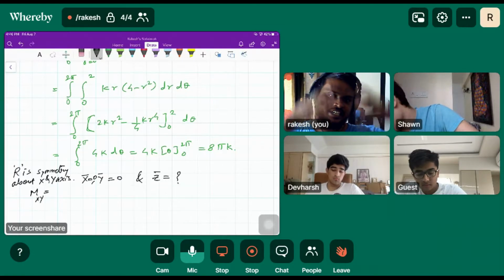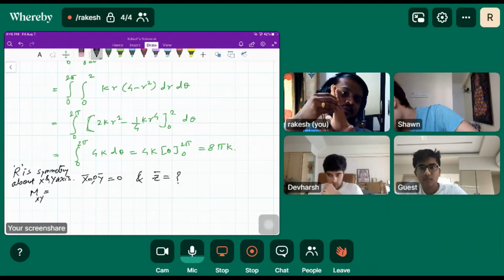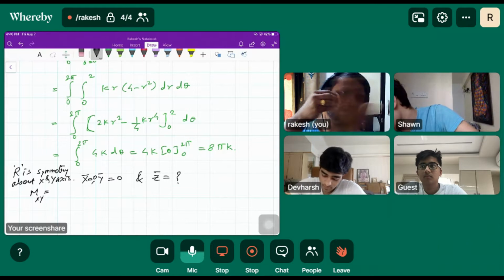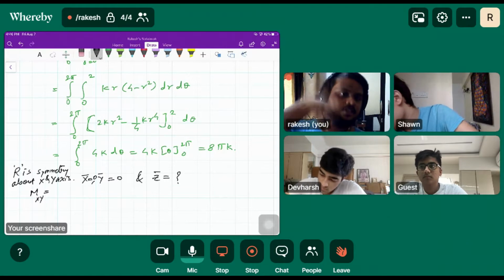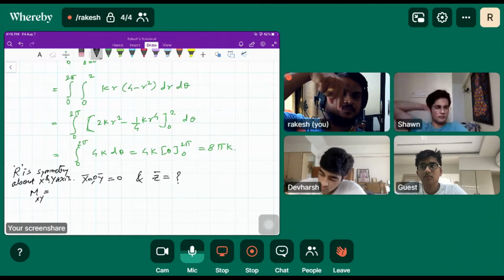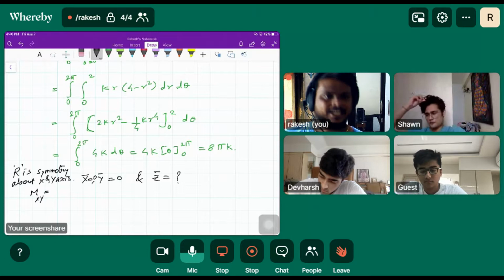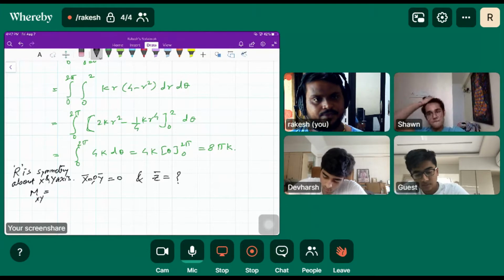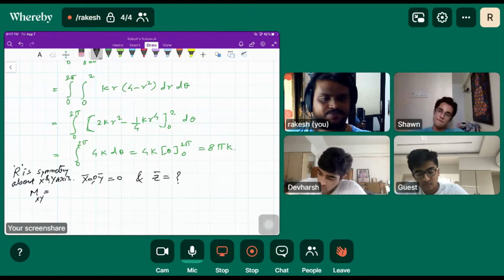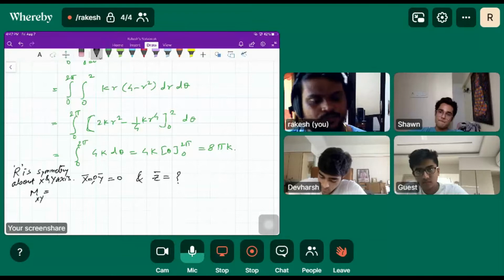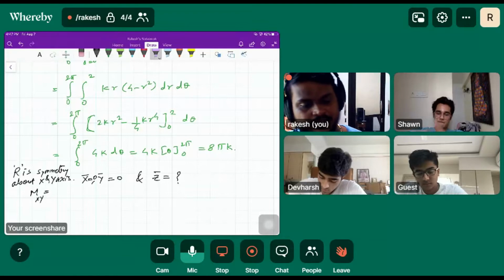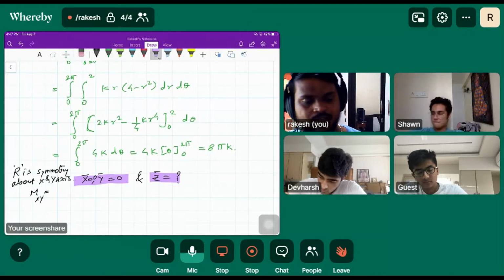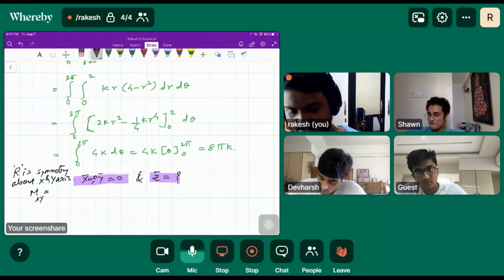See, our region T is symmetric about xz and yz plane, so therefore the center of mass must be on z axis. So x bar is equal to 0, y bar is equal to 0. Calculate z bar. For z bar we need to calculate mxy.